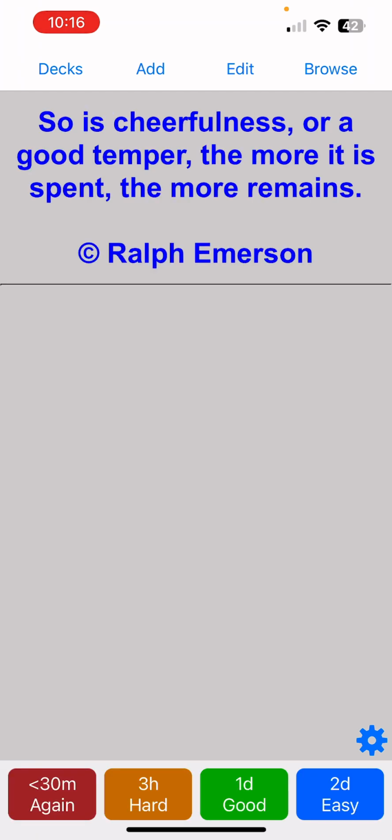Quote: so is cheerfulness or a good temper. The more it is spent, the more remains.